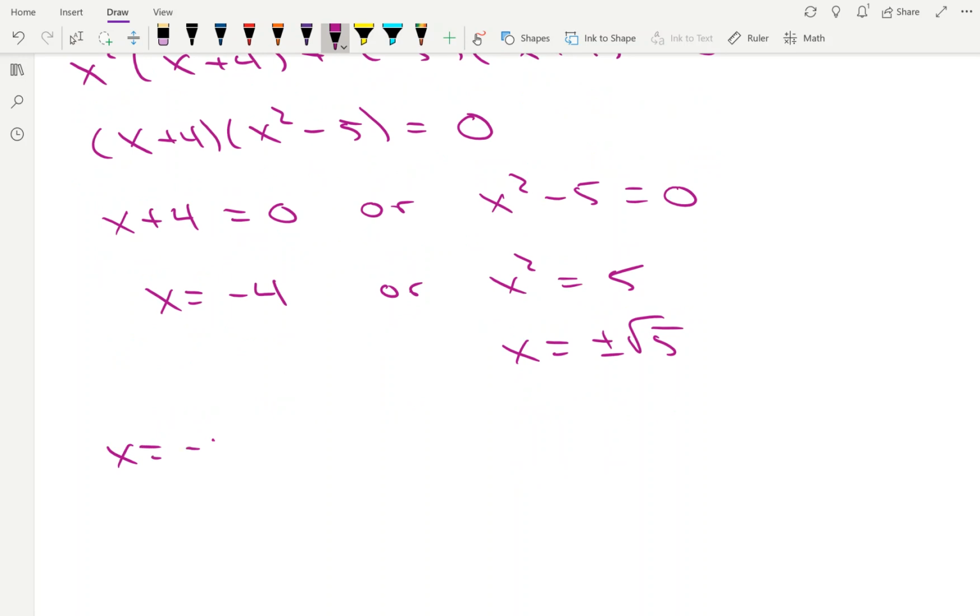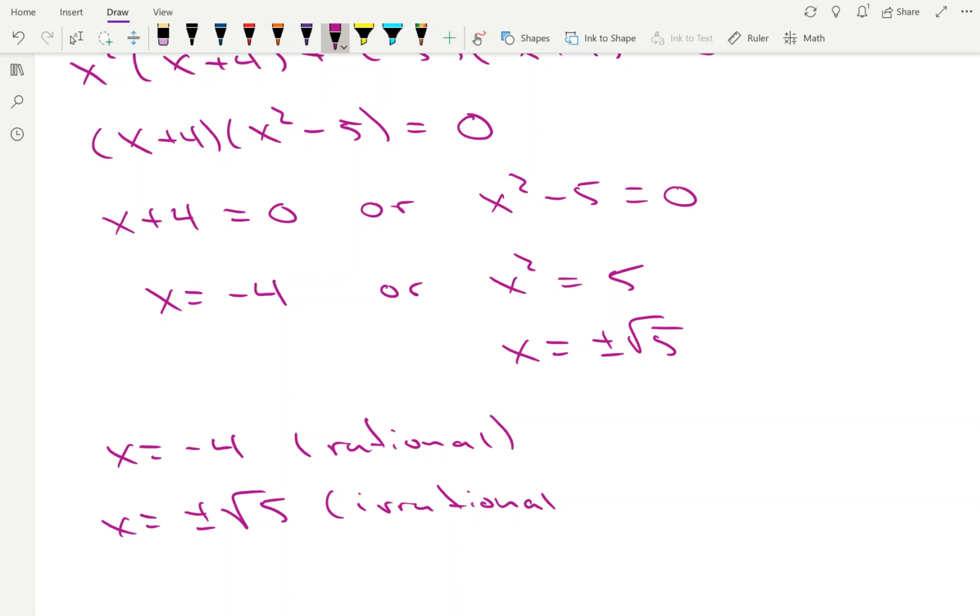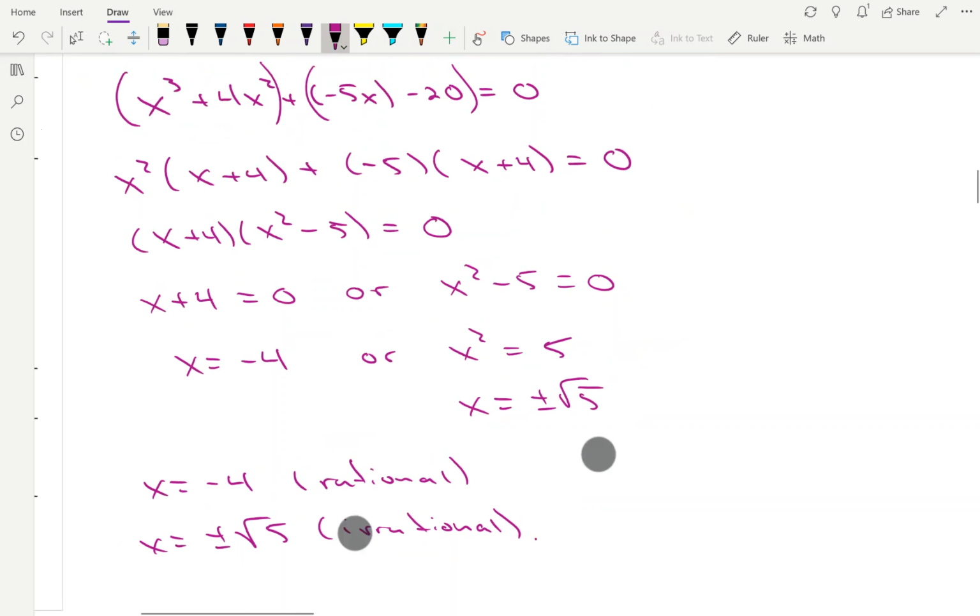So x equals negative 4, which we'll say is rational, because that's an exact value. And then x is equal to plus or minus square root of 5, which are both irrational, non-repeating decimal, and also a number that cannot be represented as a fraction.